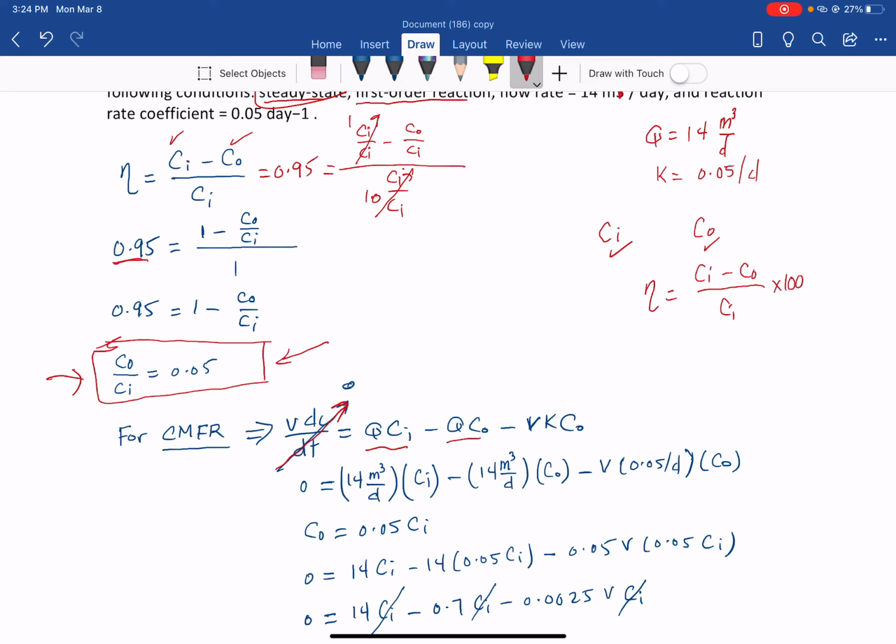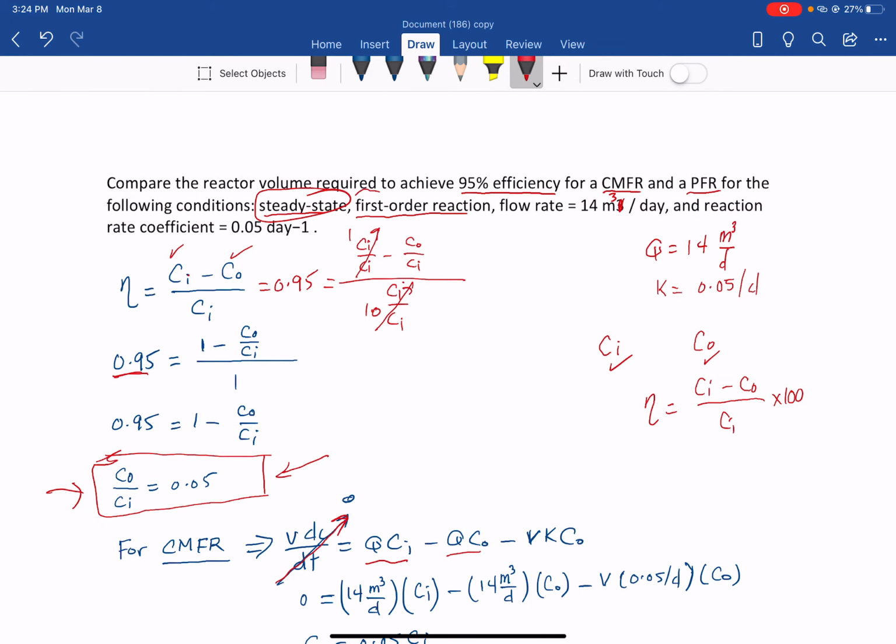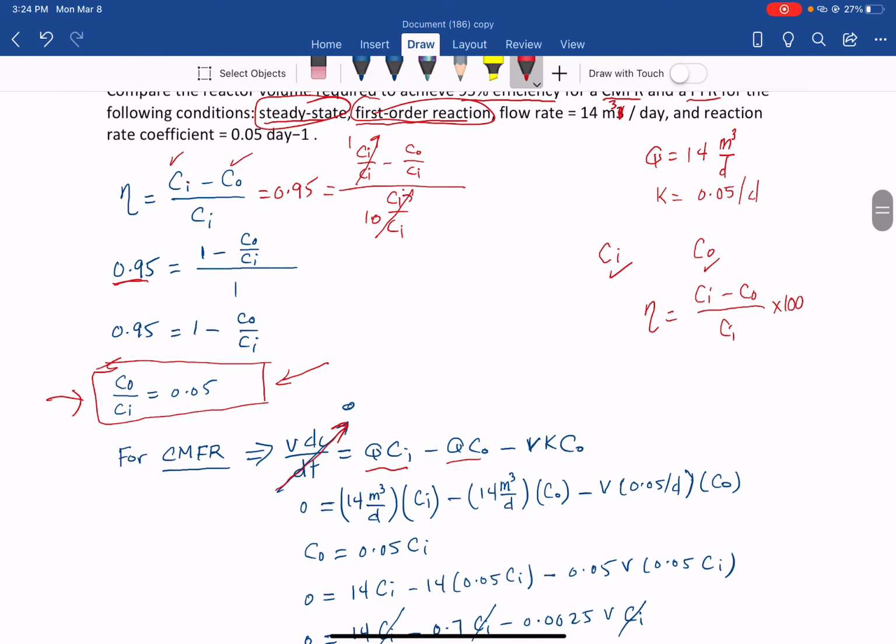This is for a first order reaction, where C is to the power 1. If it is zero order, it's C to the power 0, so the C is all done. Now it is first order, so you leave the C to the power 1.